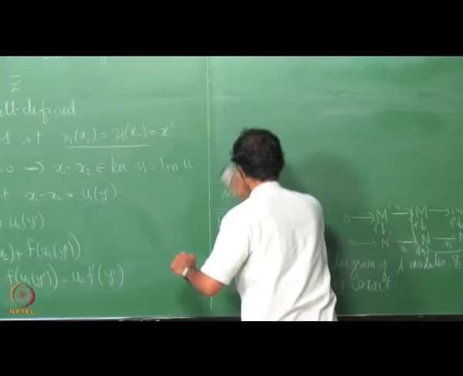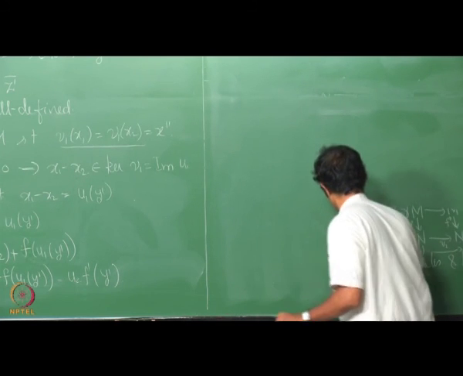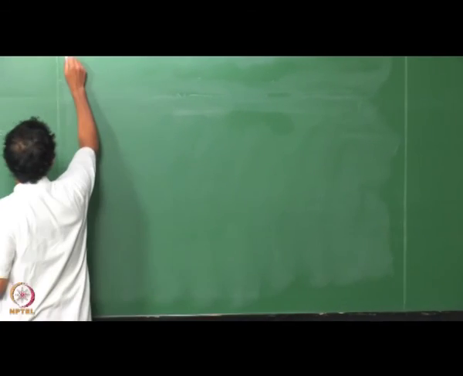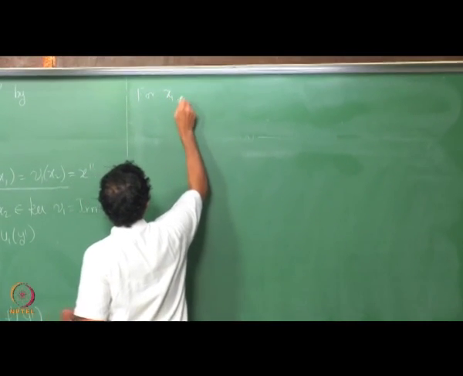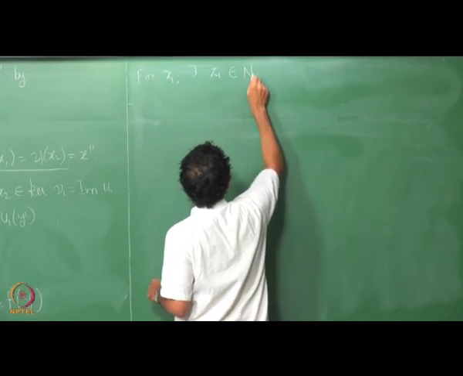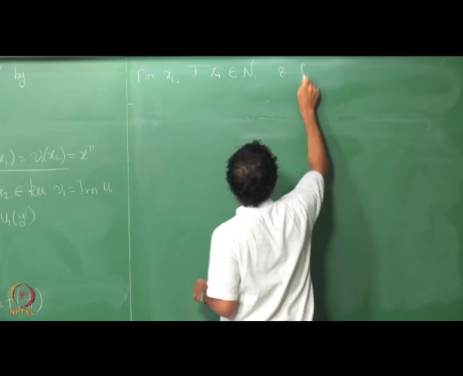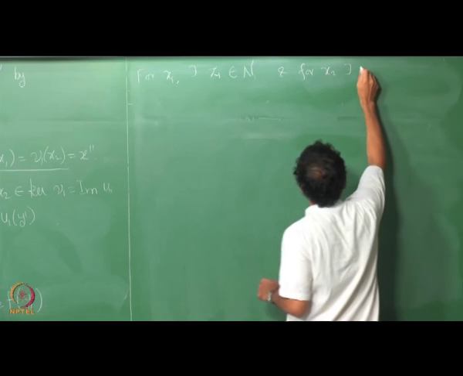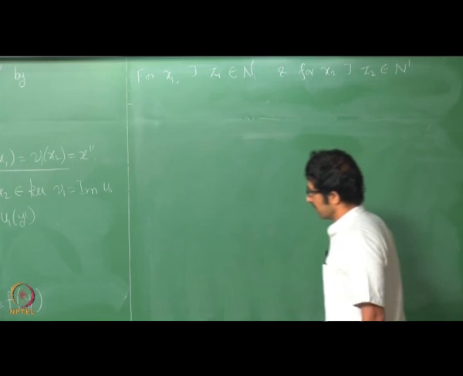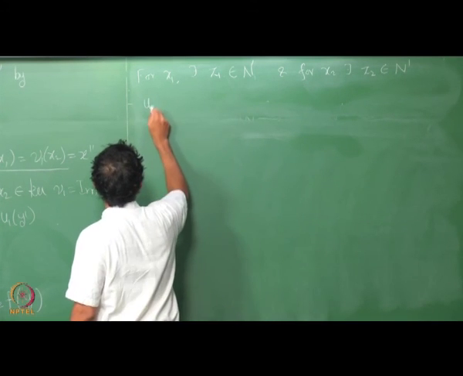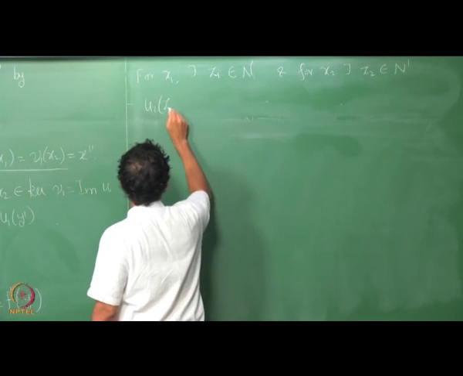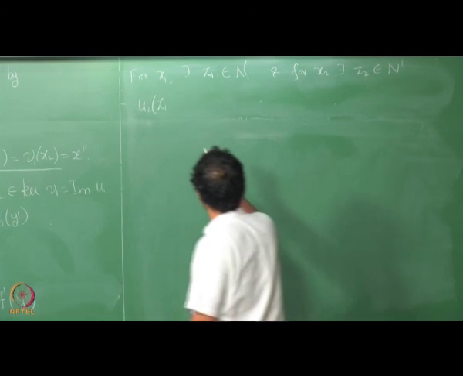Now for x1 there exists z1 in N prime, and for x2 there exists z2 in N prime. What would be U2 of z1 minus z2?